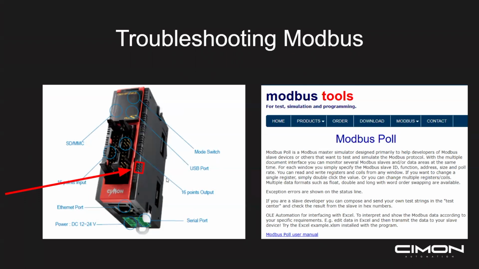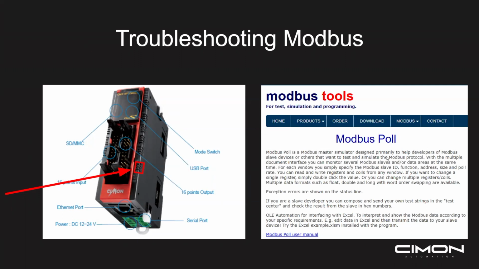Now you can also check to make sure that the PLC is not the culprit in the communication bridge. There is a tool that I love to use when it comes to Modbus. It's called Modbus Poll. It's a free tool for 30 days. You can purchase it after that. It's a great way of troubleshooting a server or some other type of device that you're having a difficult time communicating with.